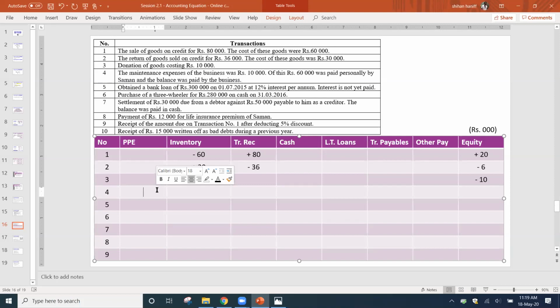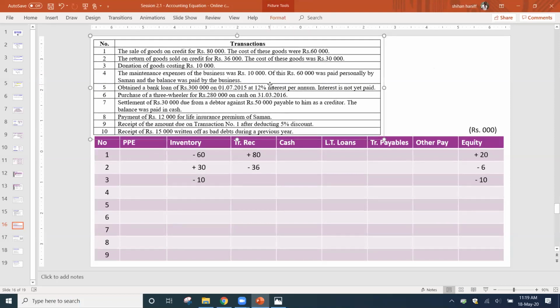There is a small mistake. The maintenance was 10,000. This was 6,000 paid. There is a small typing error. Right? So excuse me for that. Yes, this is not 60,000. This is 6,000.